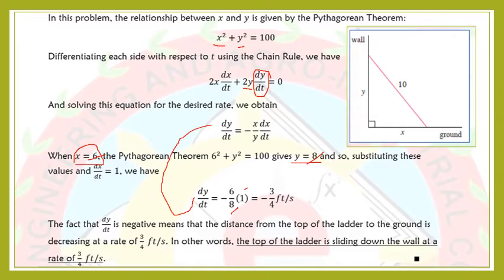Of course, kasi diba bababa yung ladder na yan. Mag-slide man siya dito. So, that's why negative yung nakuha natin. Okay, it is decreasing at a rate of 3/4 feet per second. In other words, the top of the ladder is sliding down the wall at a rate of 3/4 feet per second. So, eto na yung hinahanap natin.